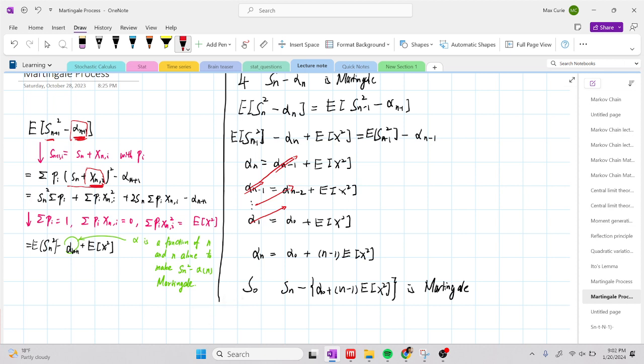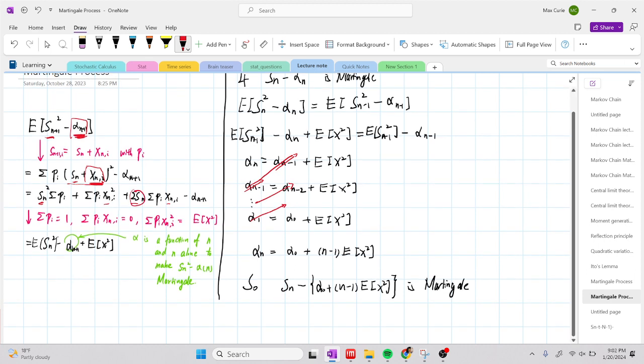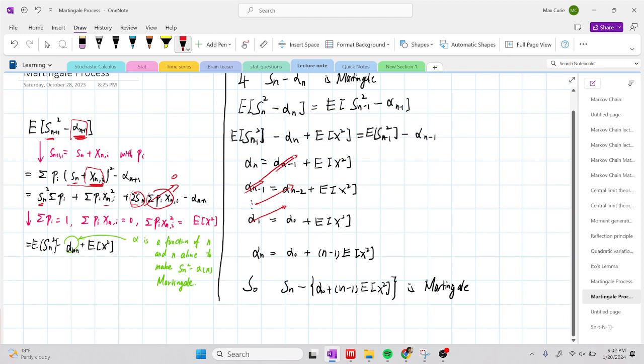And if we have a square, this becomes three terms, right? Sn squared, 2Sx, and x squared. This is a constant. And this is 0 because it's Martingale, at least our Sn is Martingale.